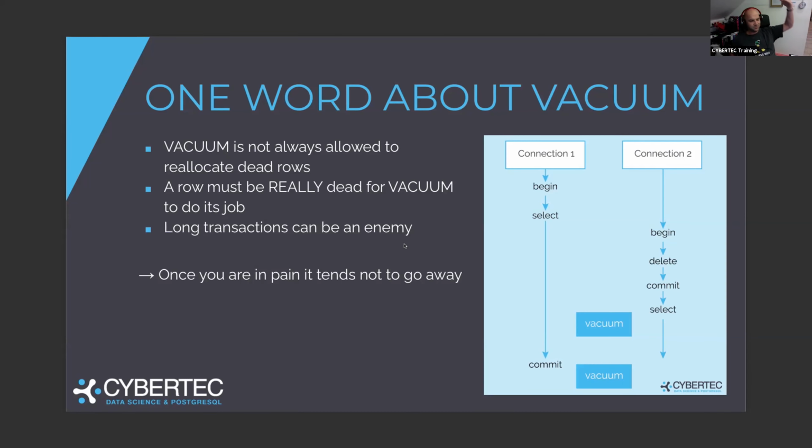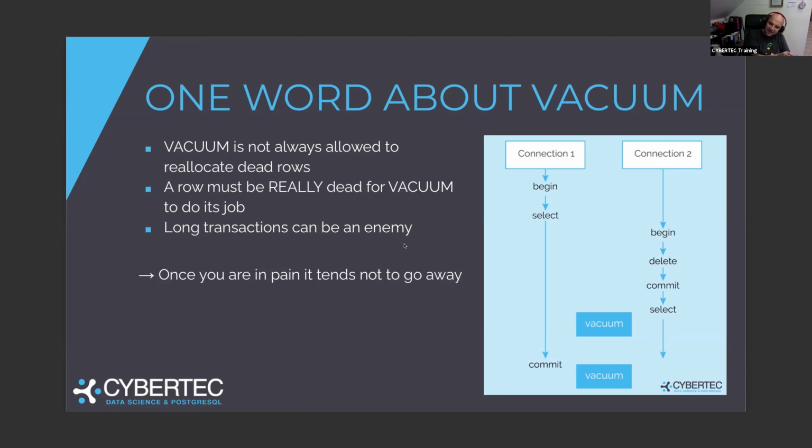So in our case, there's a long select statement in connection number one, and it's still going to see the data as it was before the deletion. Okay? So what it means is that our first vacuum on this slide is not allowed to remove anything from this table because the left transaction can still see the data.